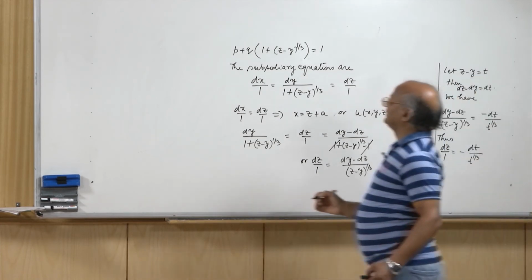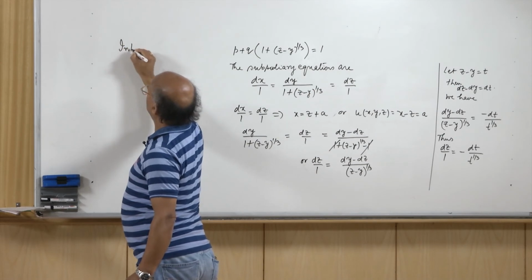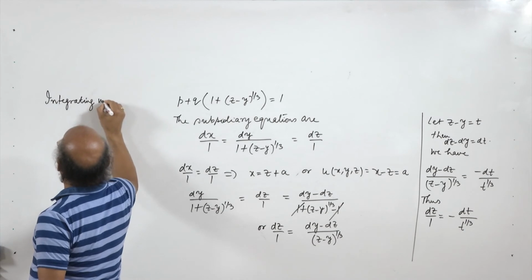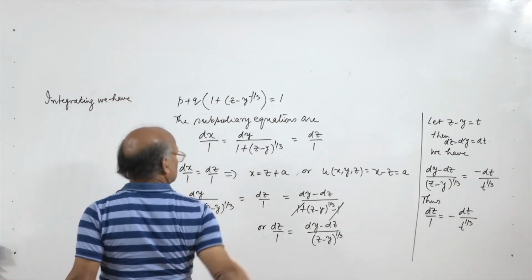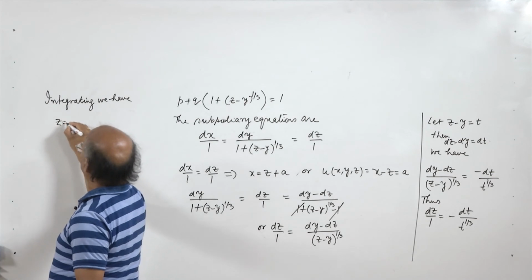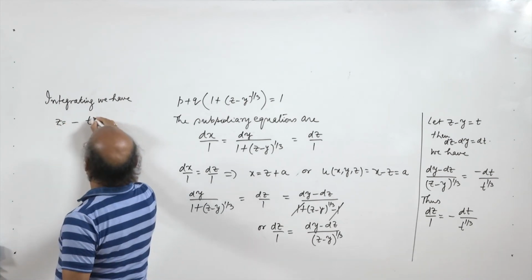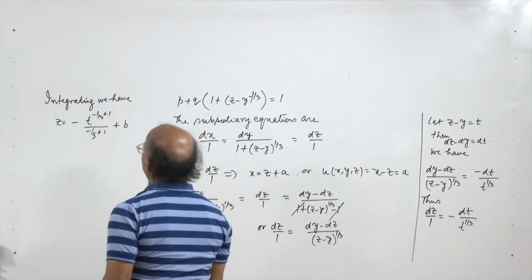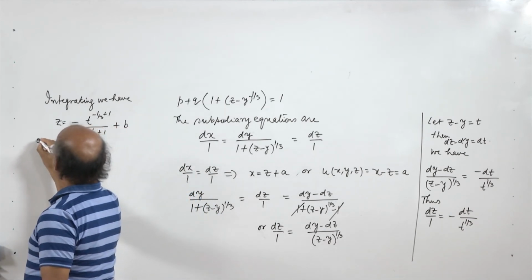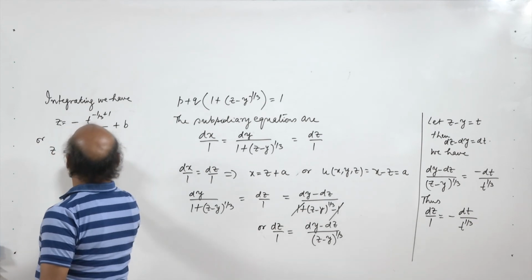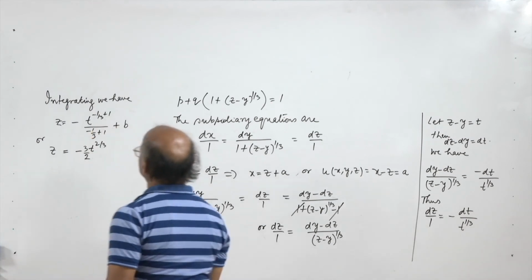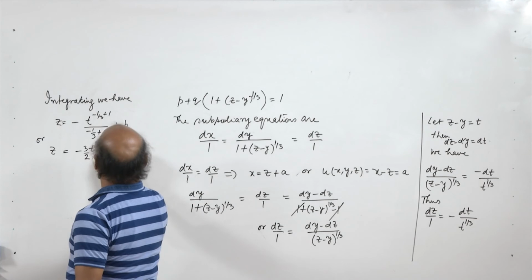Now let us integrate. So integrating we have z equal to minus t^(-1/3 + 1) divided by (-1/3 + 1) plus some constant b. This is equal to z equal to minus t^(2/3) into 3 by 2 plus some constant b.